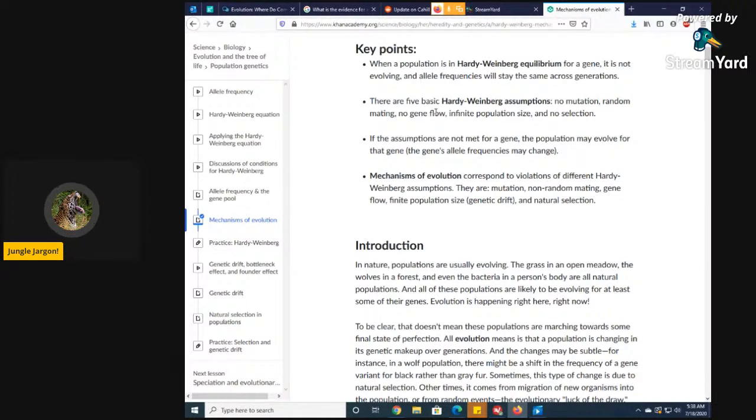There are 5 basic Hardy-Weinberg assumptions: no mutation, random mating, no gene flow, infinite population. It does say infinite population size here. Infinite population size and no selection.